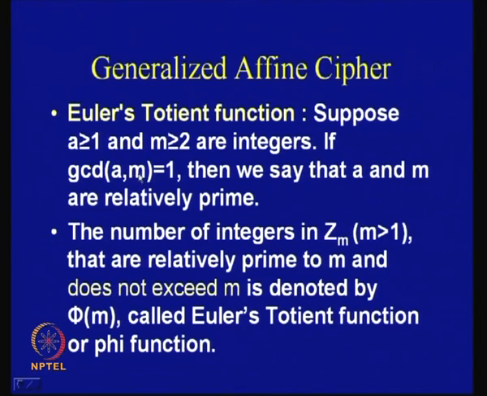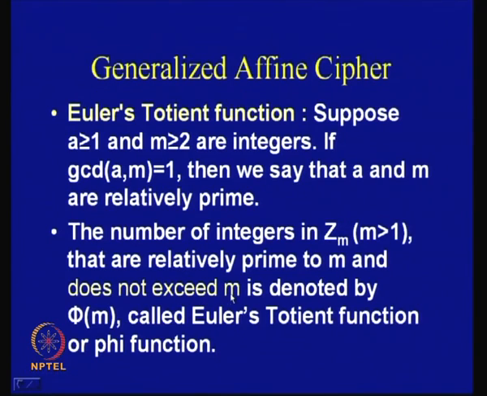Okay, so there may be some ambiguity about this. Let us make it clear. The definition of Euler-Totient function is as follows: it is the number of integers in Zm, where m is greater than 1, that are relatively prime to m and do not exceed m.